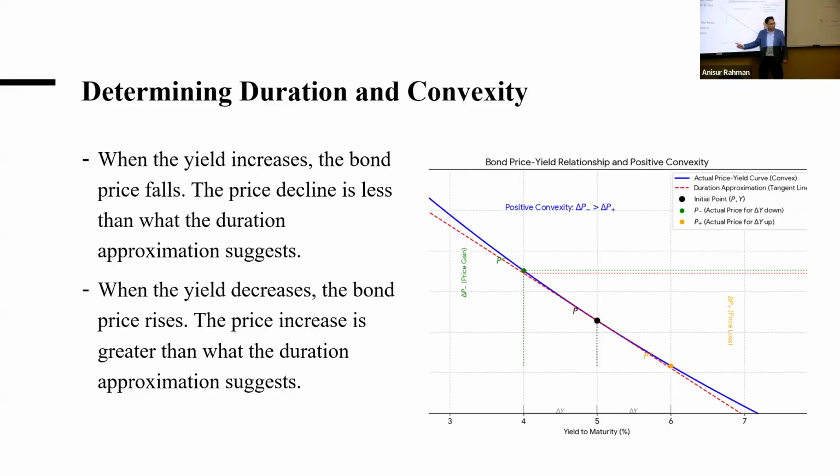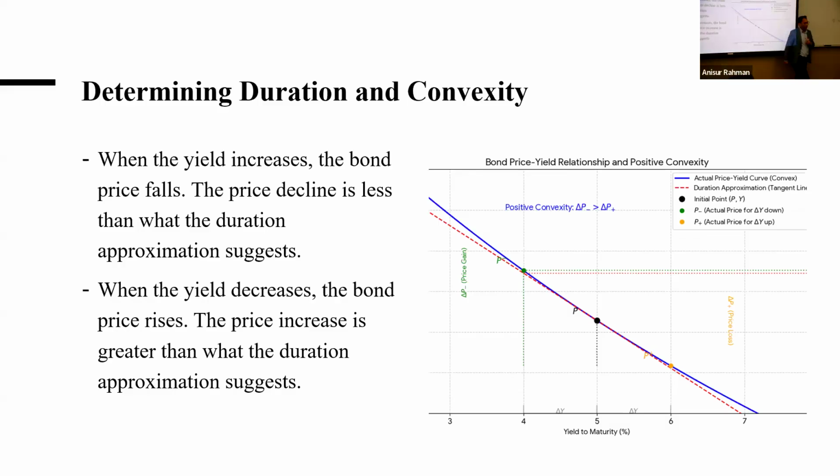Yield decreased, right? From 5 to 4. Actual price is on the blue line. But without calculating the actual price, following the present value analysis, we estimated or approximated the price using duration only. That means using that component. And we found out this will be on the red line, isn't that right? Perpendicularly down, right?